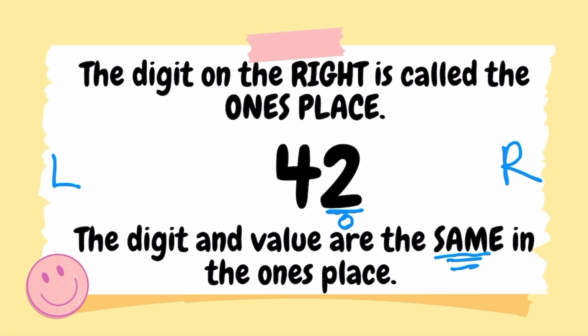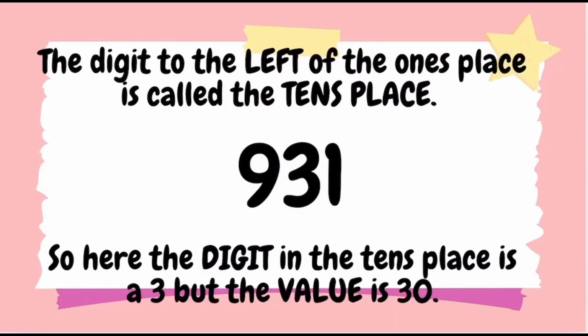The digit to the left of the ones place is called the tens place. Here, the digit in the tens place is a 3, but the value is 30 because the value of the digit changes based on the place that it's in. So it's actually a 30, not a 3.